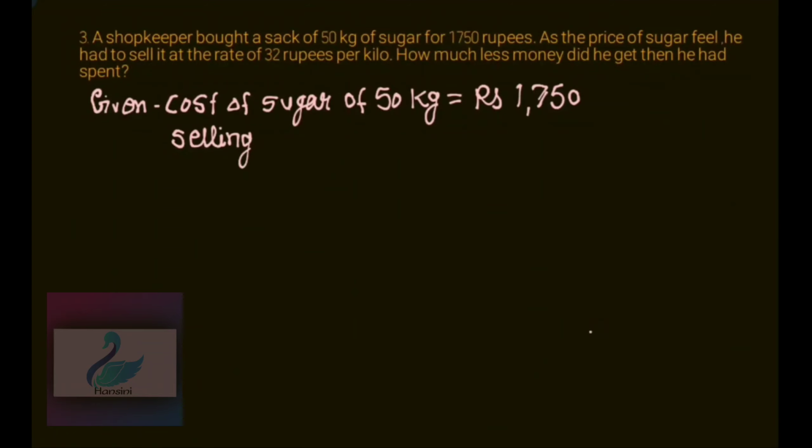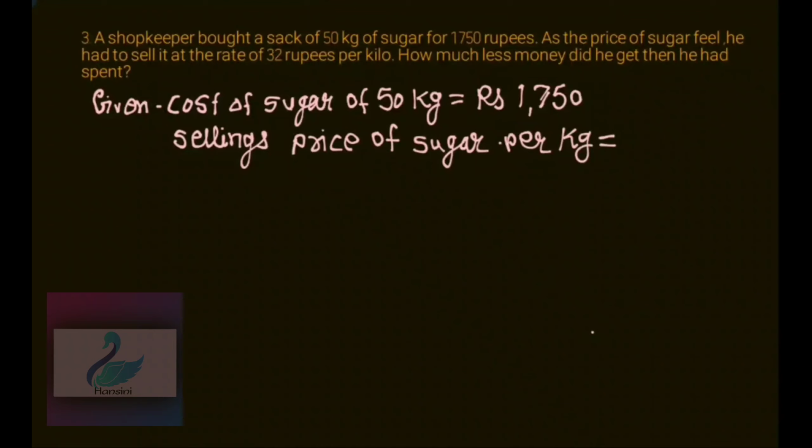Here you have to find how much he spent and how much less he got, means the difference. The difference is subtraction. So now we will write the given. Cost of sugar for 50 kg is rupees 1,750. Selling price of sugar per kg is rupees 32.